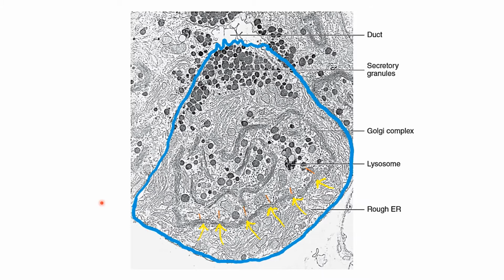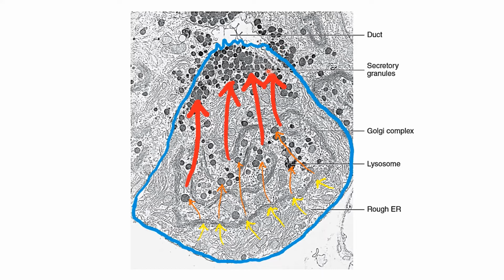They will then be put into vesicles, and the vesicles are going to be traveling towards this polar portion of the cell where the duct is. Now notice there is a direction, there's trafficking, and the mechanism behind that is very important for us to understand, but that will be a subject for later videos.